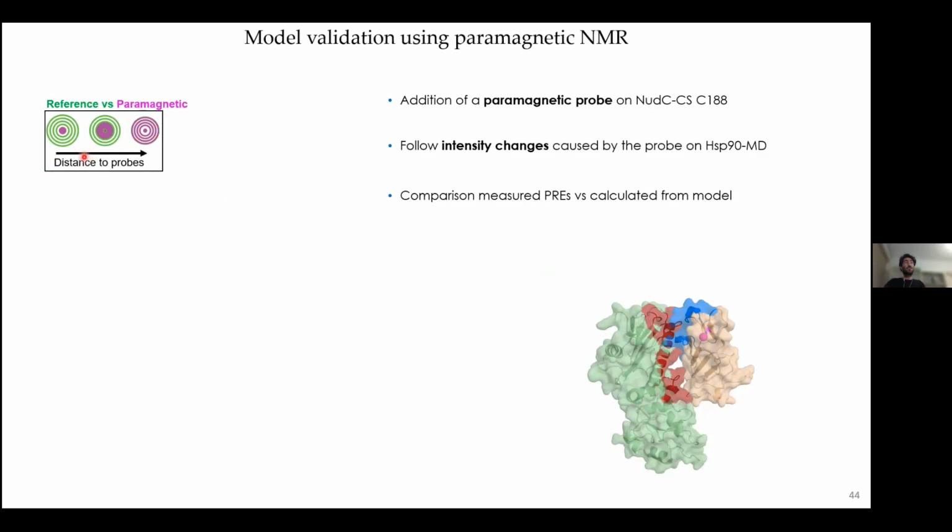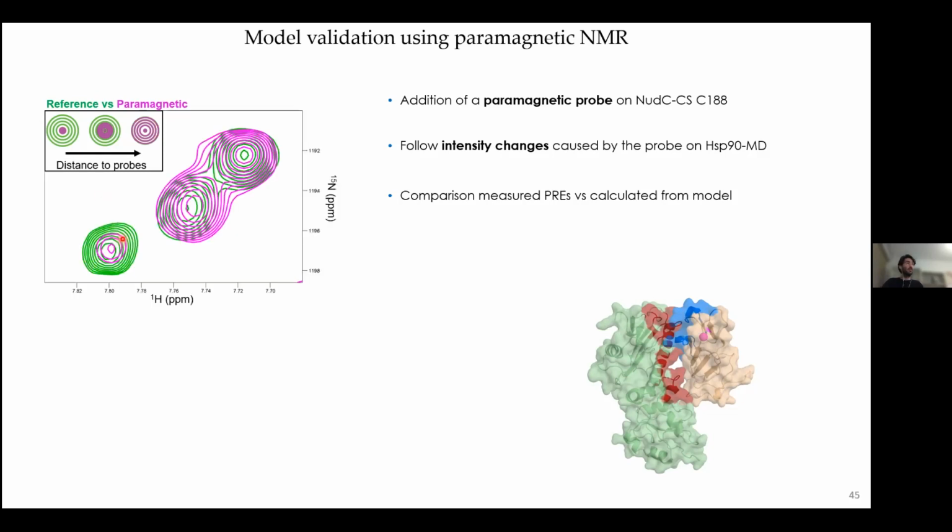And the further you get from the probe, the more you recover the intensity. So we can quantify this change of intensity by comparing a reference spectrum and our paramagnetic spectrum. And this change of intensity is directly correlated to the distance between the probe and the atom observed, or the residue observed.